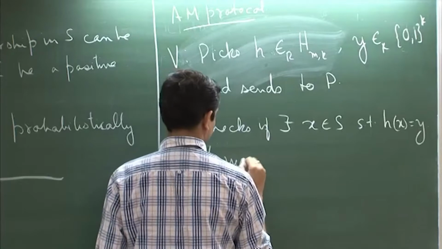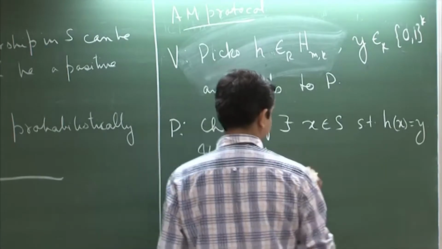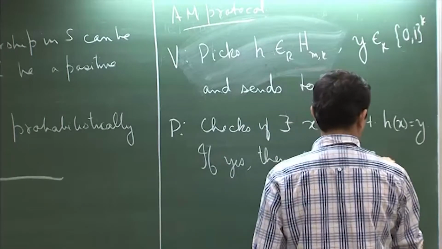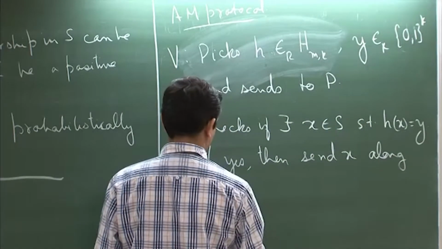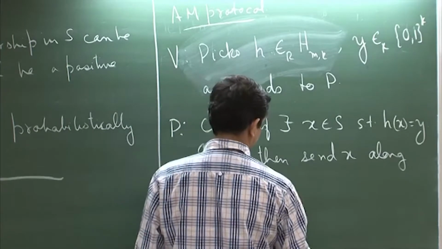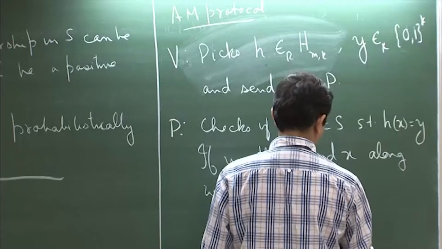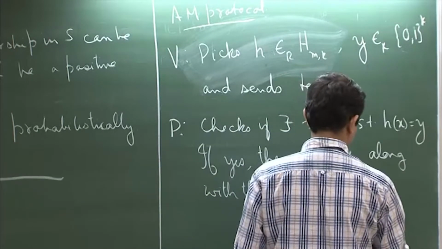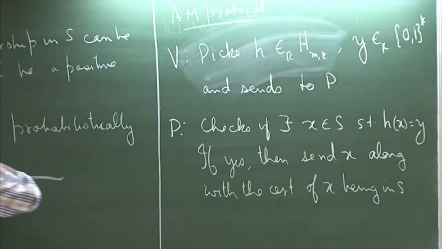If yes, then send x along with the certificate of x being in S. Note that S has this property that membership can be efficiently verified.